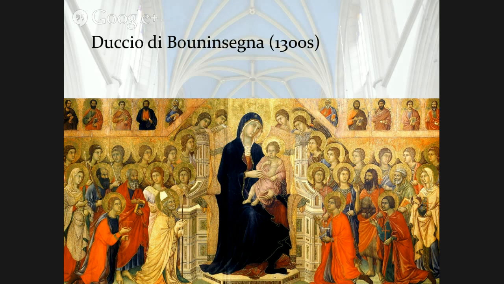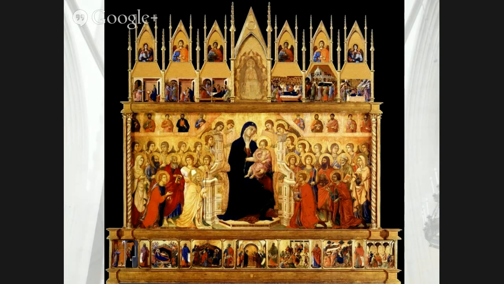Duccio was an Italian painter in Siena. And this painting is from the middle of an altarpiece. The Maestà, is that how you say it, Rachel? Okay, sorry. So an altarpiece is basically, you've got the altar, and above the altar you have some kind of work of art, called the altarpiece.